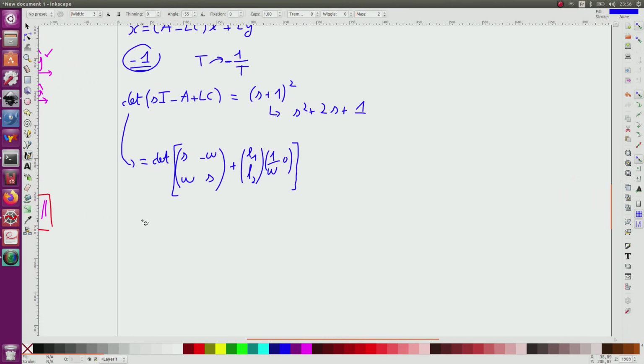Now, this is equal to the determinant of s plus L1 divided by omega, due to this, minus omega here, this s, and here omega plus 1 divided by omega L2.